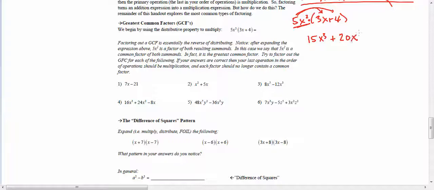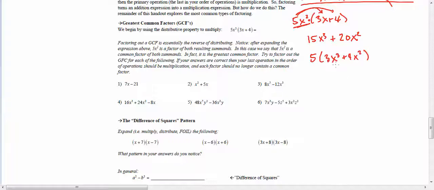20x squared. Now, when I'm asking you to pull out or to factor this, one of the things you will want to check first is there a common number that you can pull out of both of these? And the answer is yeah, I can pull a 5 out of both of these. And by pulling out, I mean dividing out. So I can pull a 5 out of this, and I go 5 times 3x cubed plus 4x squared.